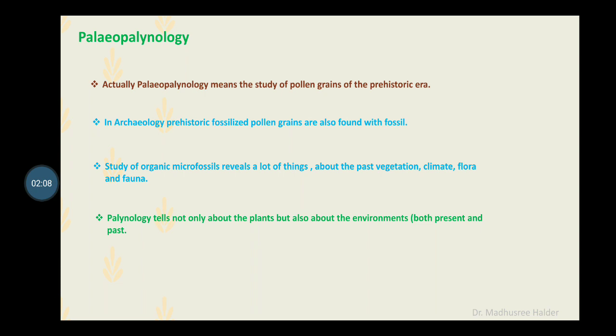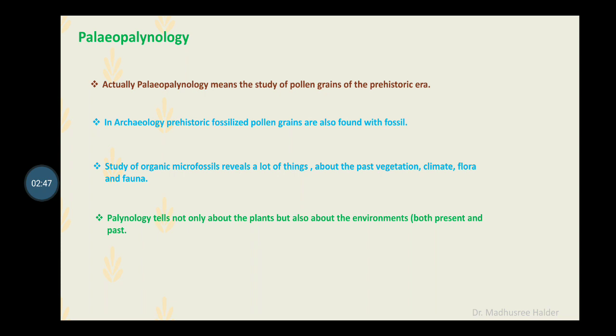And Palynology tells not only about the plants but also about the environments, because if we get a pollen of a xerophytic plant like cactus, we can get an idea about their environment, because xerophytic plants prefer to grow in dry conditions. So we can guess the environmental condition of that time.